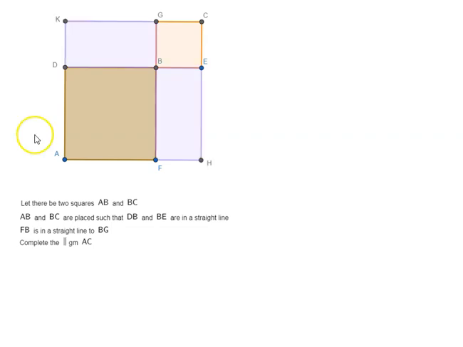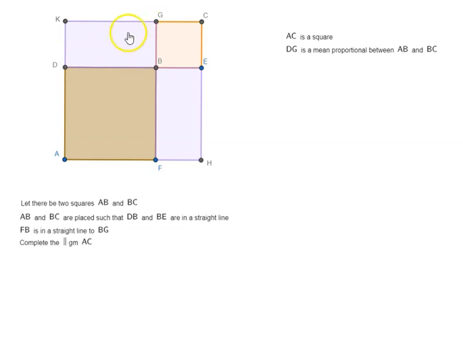So let's do that. What the lemma is saying is that AC is also going to be a square and DG is a mean proportional between AB and BC. So you might think, how can there be a mean proportion with respect to figures? But think of it like this.